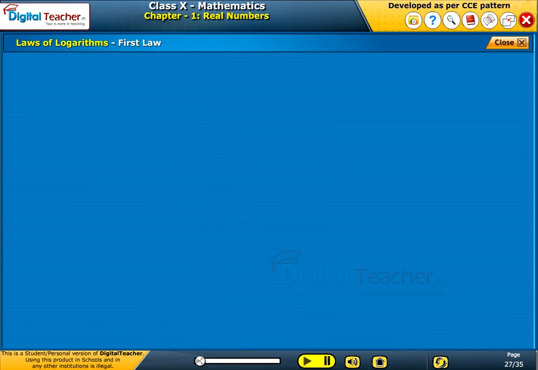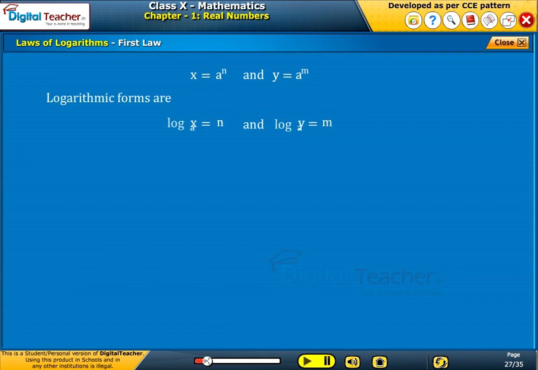First law tells us how to add two logarithms together. Consider two exponents, x is equal to a to the power n and y is equal to a to the power m. Their equivalent logarithms are log x to the base a equal to n and log y to the base a equal to m, which is represented as equations 1.